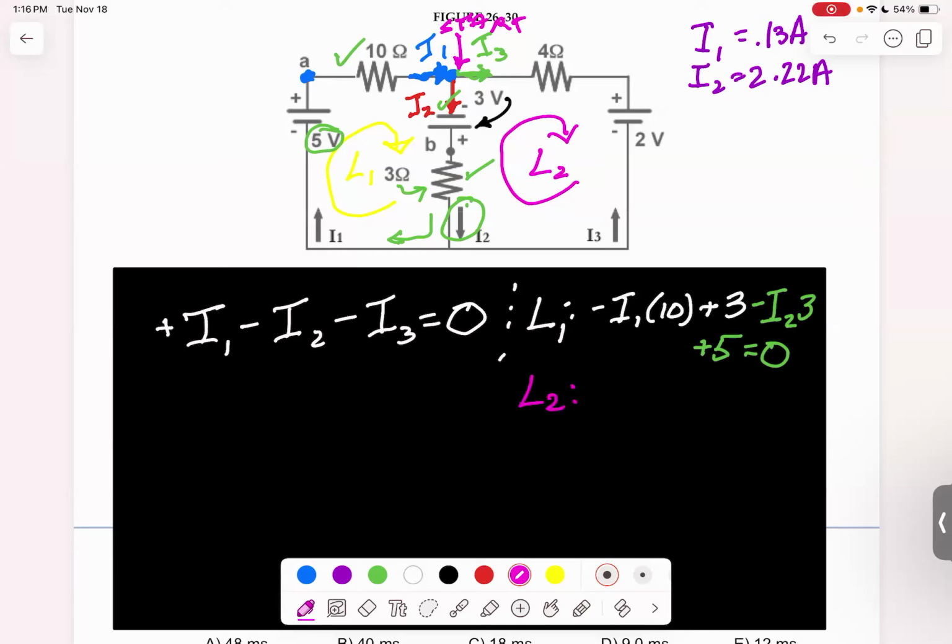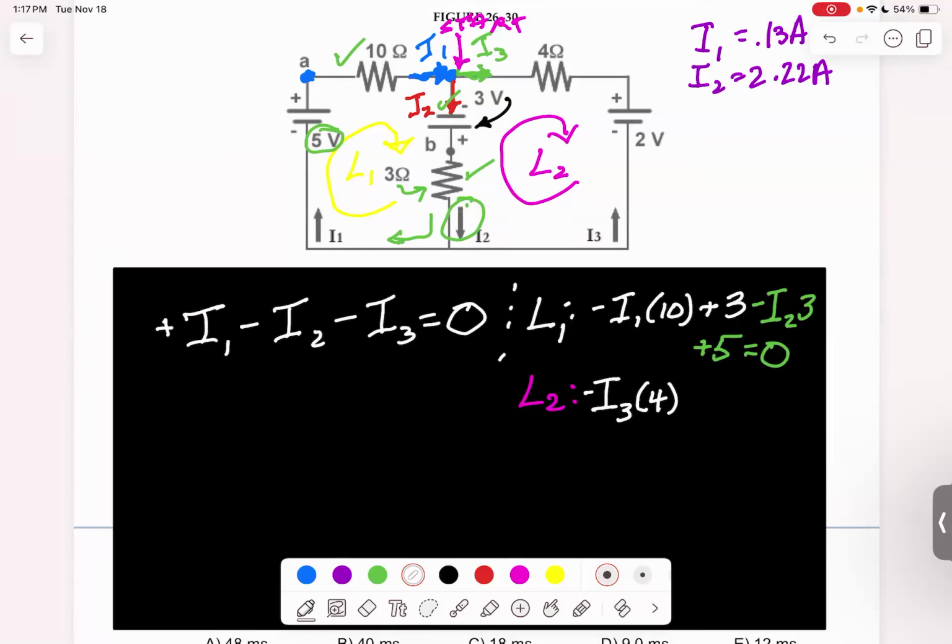if we start at this point here, and we're assuming that our current is in this direction, as we go through the resistor with the current, the assumed current, we should get a voltage drop. So the voltage drop is going to be predicated on the current, which is going to be I3 times the resistance. And remember that was negative.